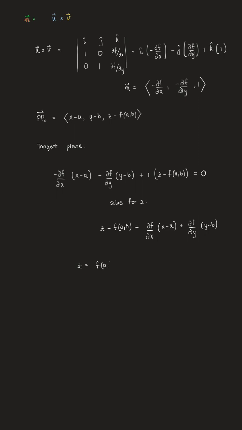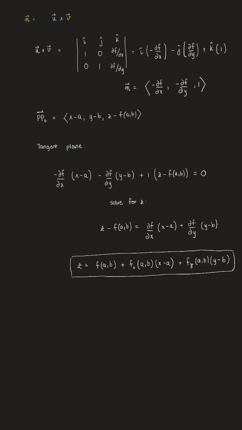So we have z equals f of a, b plus the partial derivative with respect to x evaluated at a, b times x minus a, plus the partial derivative with respect to y evaluated at a, b times y minus b. And there is the equation for our tangent plane.